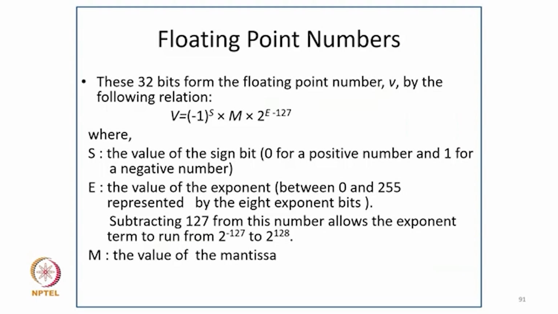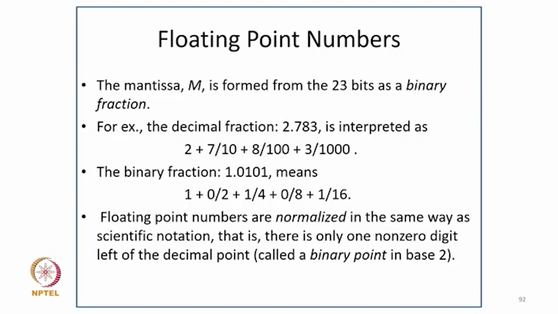The 32 bits form a floating point number V by the following pattern: V equals (-1)^s times M times 2^(E-127), where s is the value of the sign bit, 0 for a positive number and 1 for a negative number, and E is the value of the exponent between 0 and 255, represented by the 8 exponent bits. Subtracting 127 from this number allows the exponent term to run from 2 to the power -127 to 2 to the power 128, and M is the value of the mantissa.